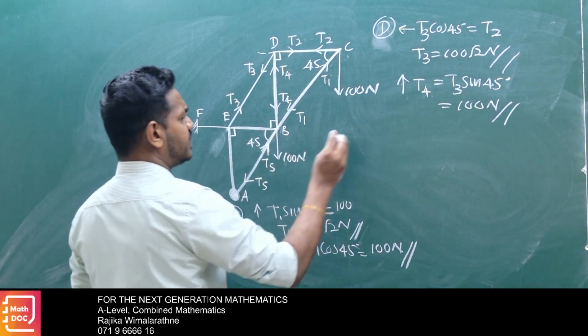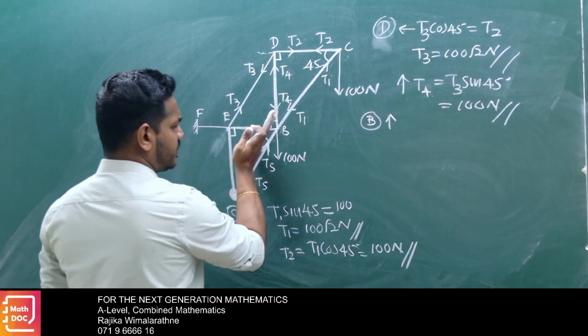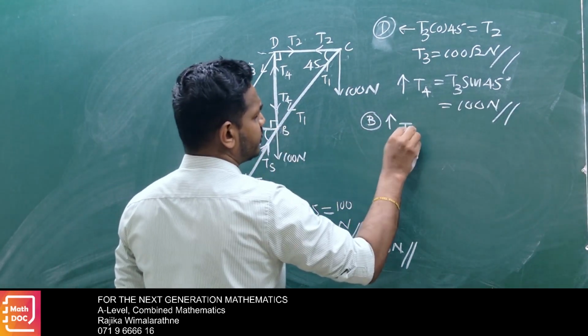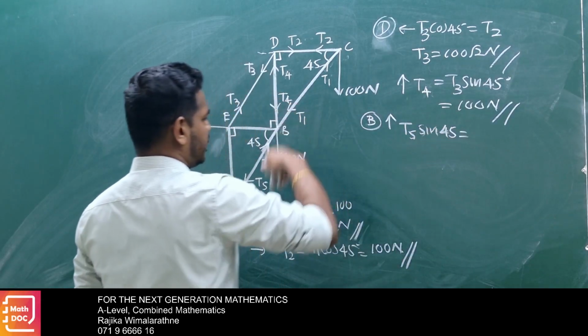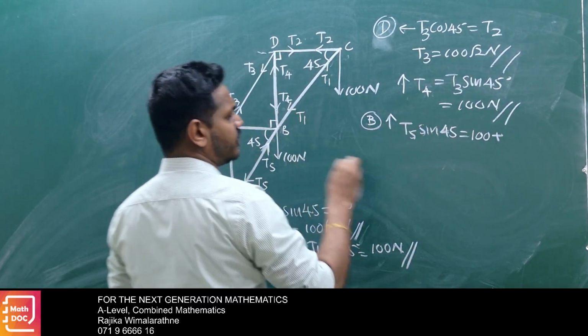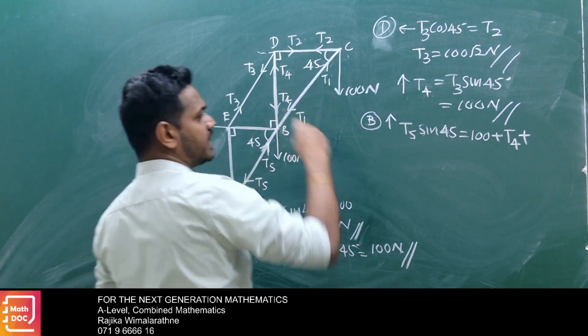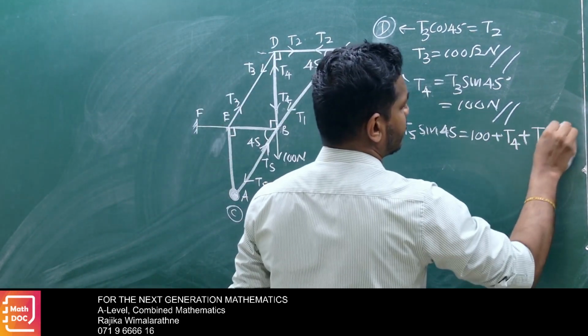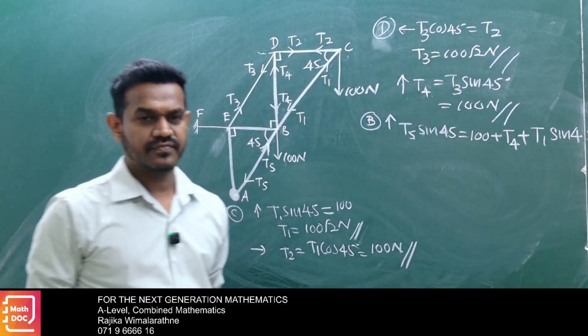Then consider the vertically upward force at vertex B. T5 sin 45 equal 100 plus T4 plus T1 sin 45.